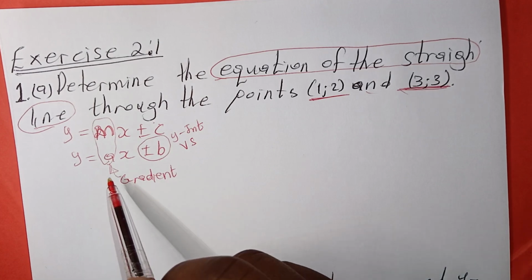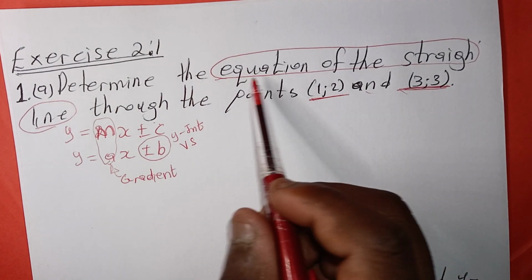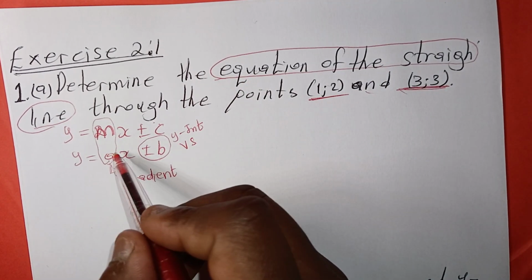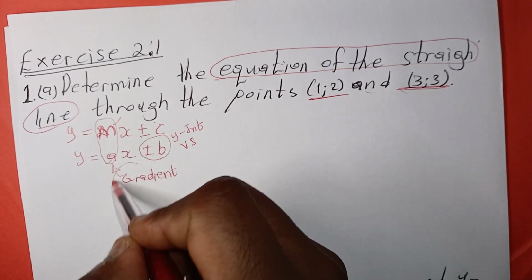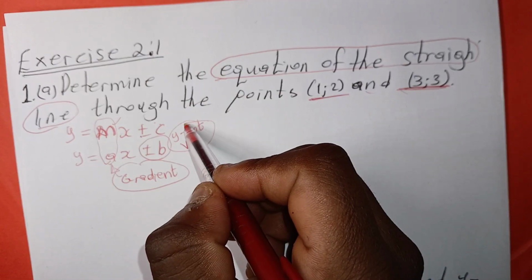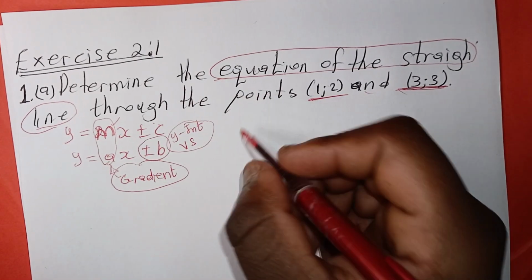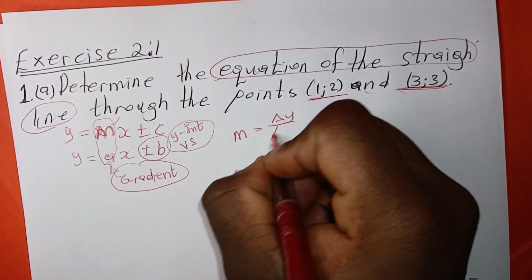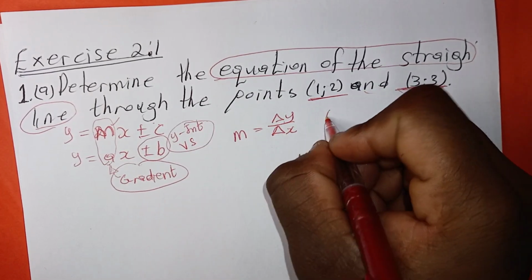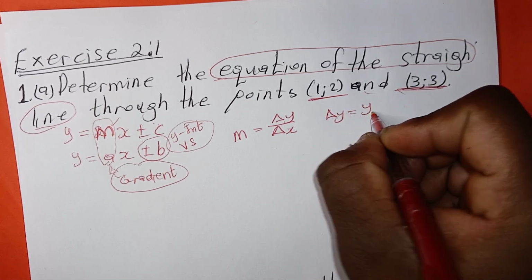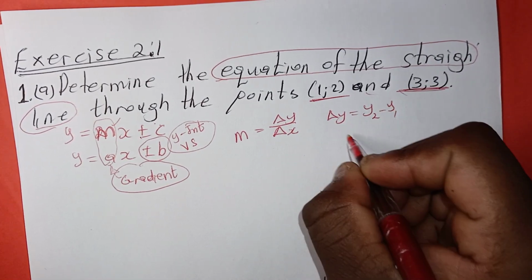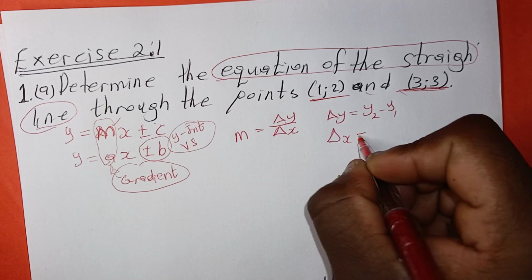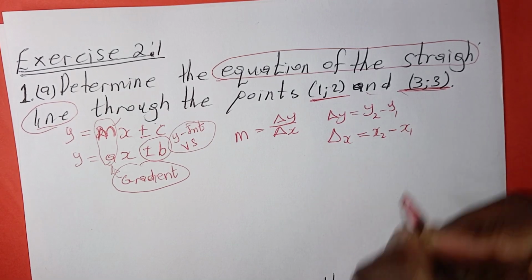Now, for us to identify the equation of a straight line, you should know the gradient and also the y-intercept. To know the gradient, the equation says it's the change in y over the change in x, where change in y is y2 minus y1 and change in x is x2 minus x1.